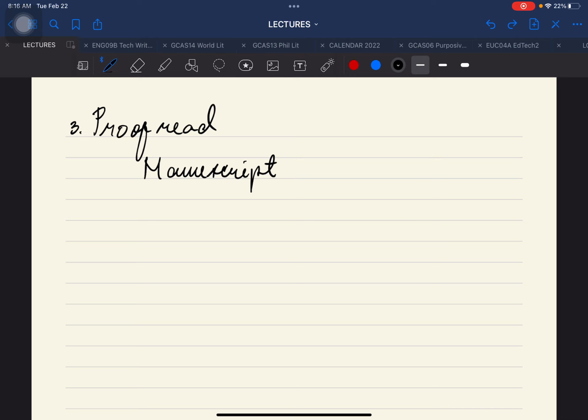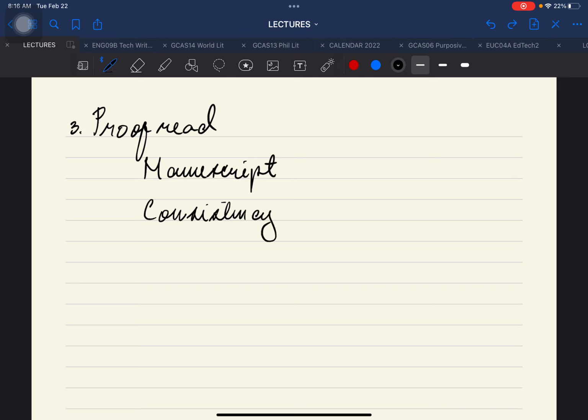Everything is correct, everything is sound in terms of grammar, spelling, typographical errors. You would be able to minimize them before you face your panelists during the defense. Okay, so again, in checking your manuscript, make sure you maintain consistency.